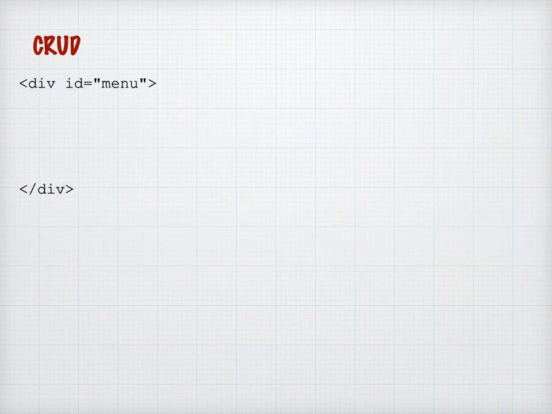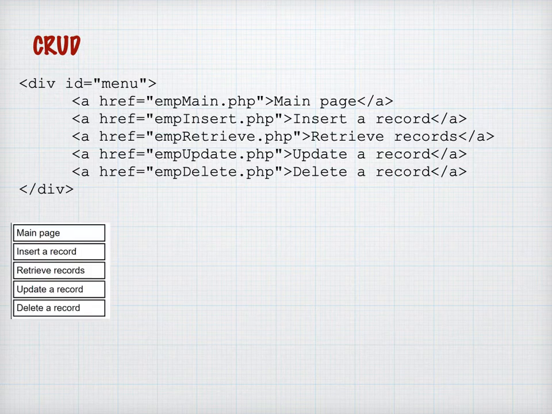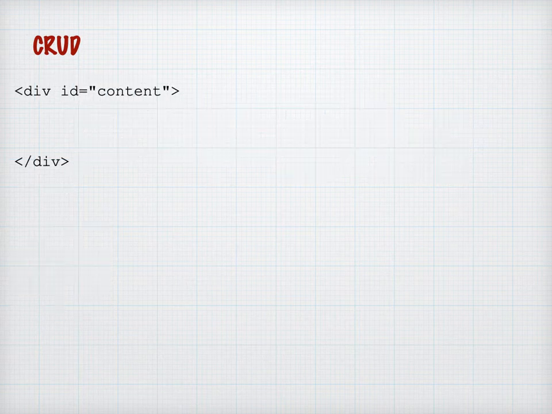The menu is done with a series of hyperlinks, and all we do is style those in a particular way to make them look like a menu. I've just put a border around the outside. Here's the content, and whatever the content of the page is, if it's a form or a request for an emp number, something like that, it'll go in this gap.